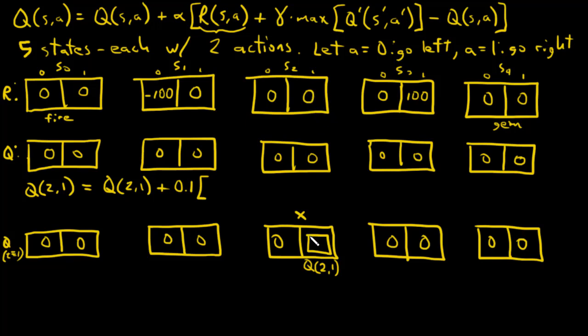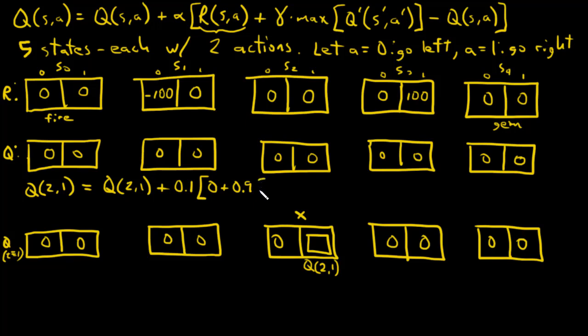I'm literally looking at the reward I get in my reward table for the state and action that I'm located at, which in this case is 0. So that's going to be a 0 plus gamma, which I'm going to give a high value on future rewards of 0.9.